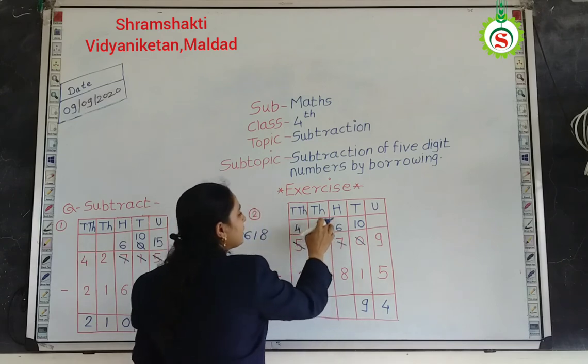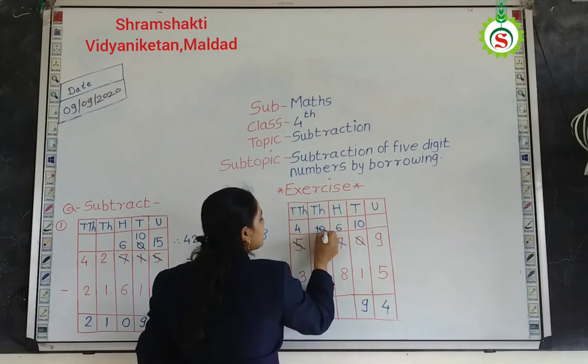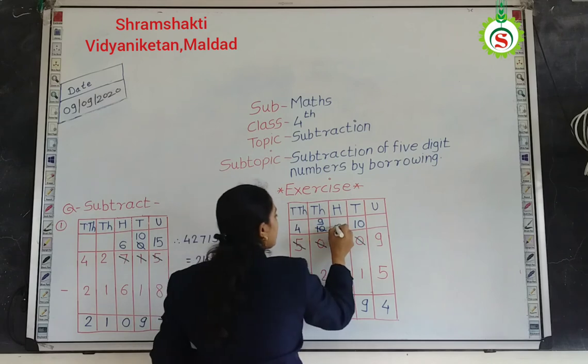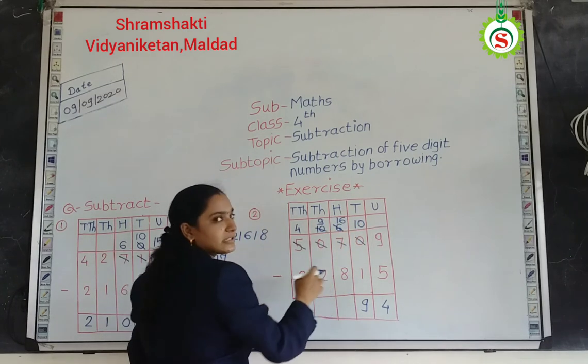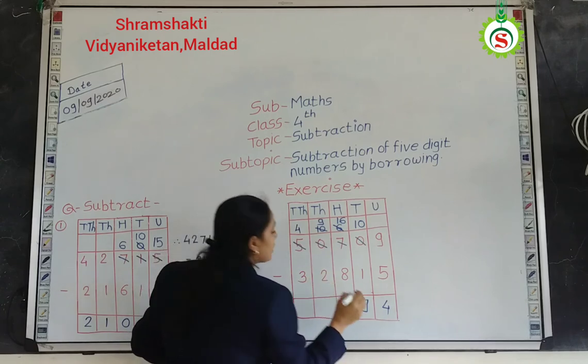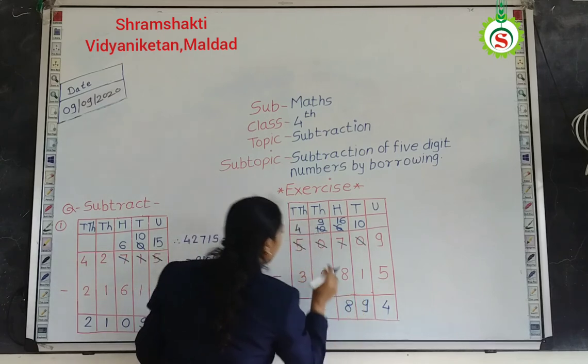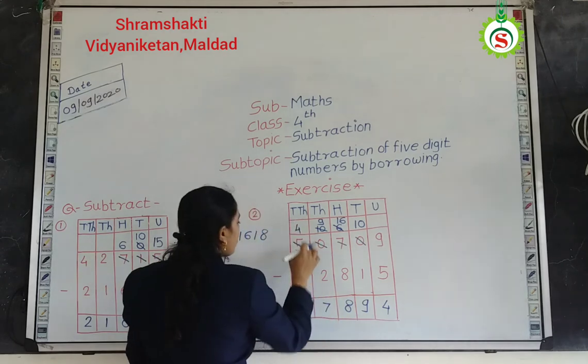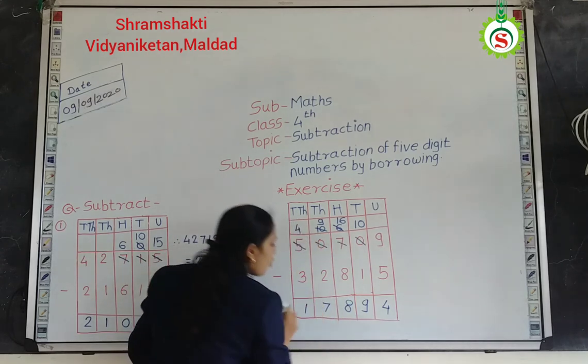And untie 1,000 from this 10, so 9 remain, and taking 1,000 here we get 1600. 1600 minus 800, how much? 800. And next 9 minus 2 is equal to 7 and 4 minus 3 is equal to 1.